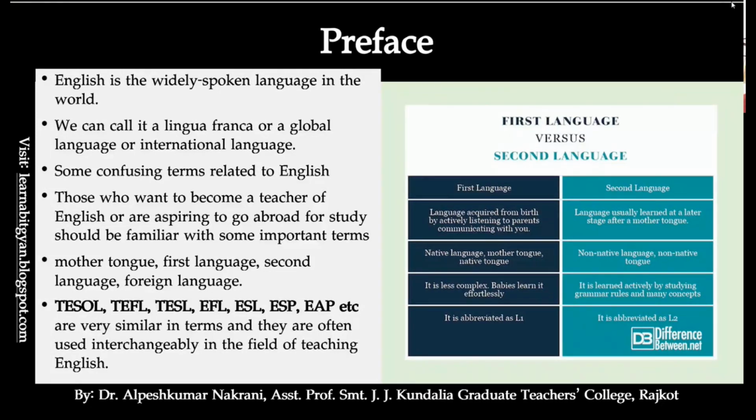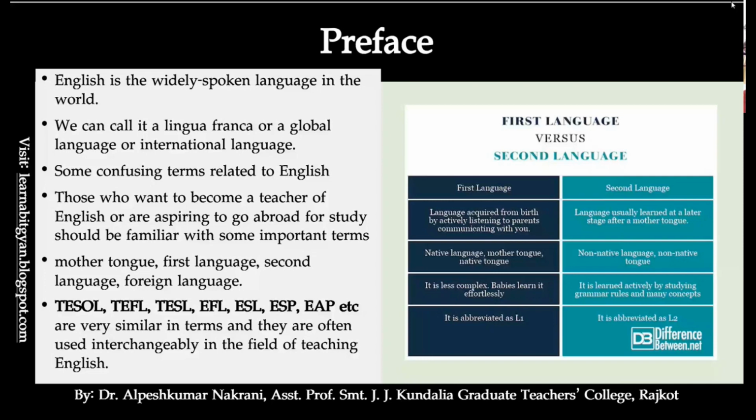You are a non-native person, meaning if you are learning English, you are not born in a country where English is spoken. So you are non-native. So it is also called non-native language, non-native tongue. And it has to be learned actively.